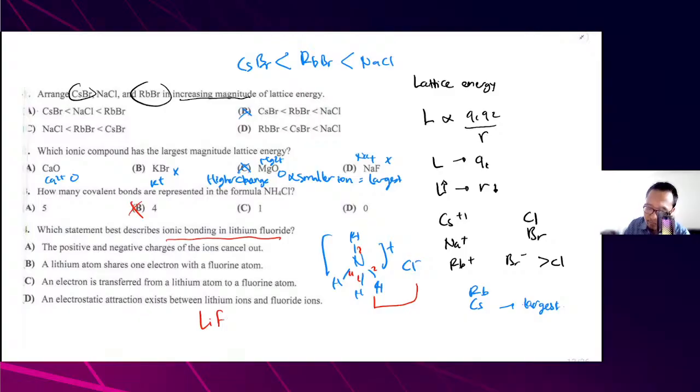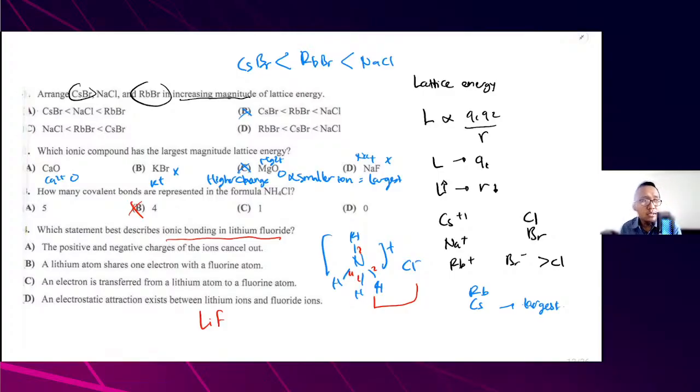Ionic bonding isn't about sharing electrons, but it's about transferring electrons. The real force is the attraction between the positive ion and the negative ion that form after that transfer.